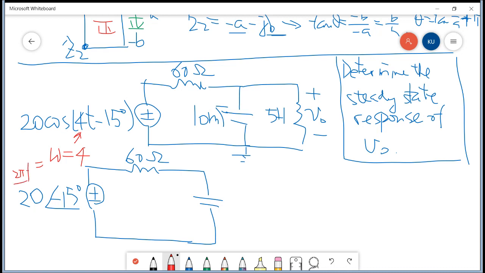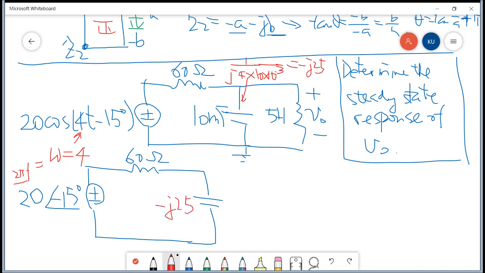So here the C should be 1 over j omega C, omega is 4, multiplied by C, 10 times 10 to the minus 3 power. And actually this is minus j25.